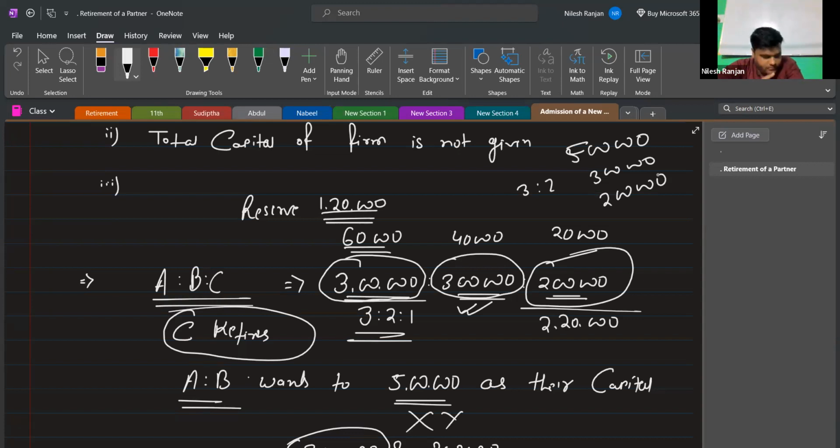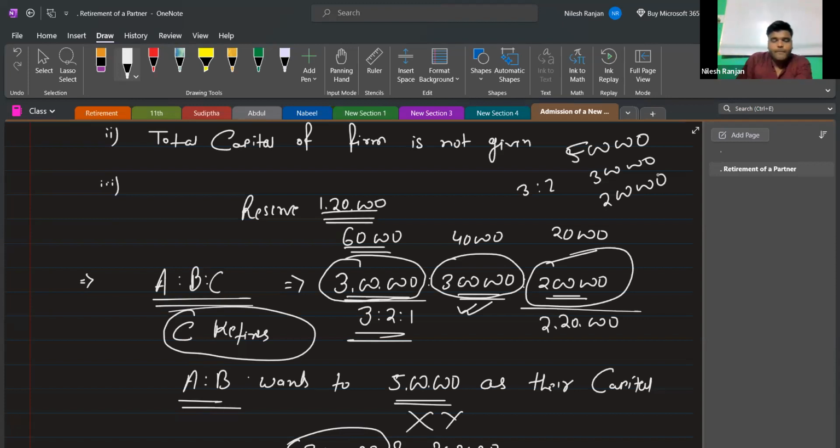So then this 2 lakh, how are they giving it? Are A and B distributing it equally? You have to decide that. There is no information about this in the question. Then I think A will increase by 1,10,000 and B will increase by 1,10,000.